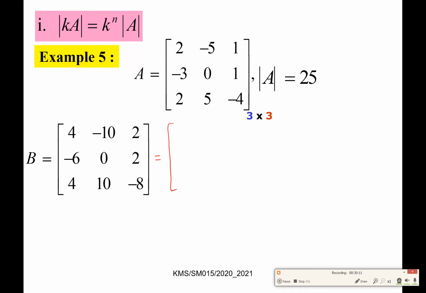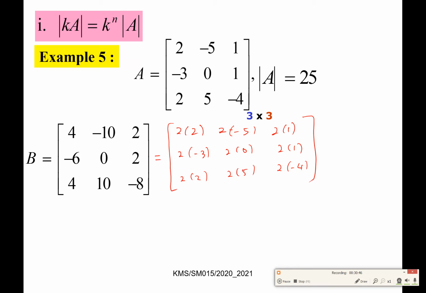This is one way: 2 times 2 is 4, 2 times negative 5 is negative 10, and 2 times 1 is 2. Here is 2, negative 3, 2, 0, 2, 1, 2, 2 is 4, 2 times 5 is 10, 2 times negative 4 is negative 8.